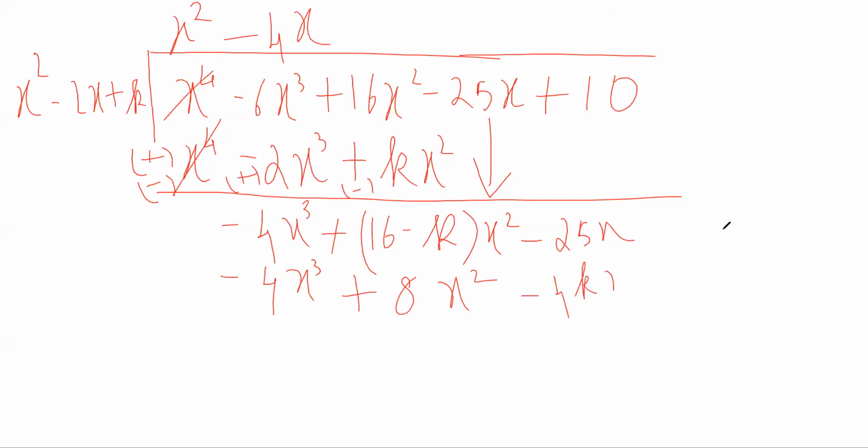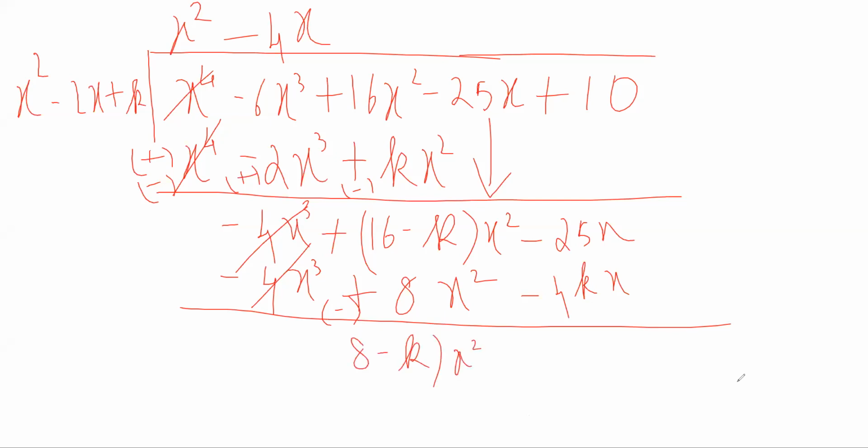Again the sign changes, so the x cube terms get cancelled. Plus 16 minus 8 is 8, so it will be 8x square minus kx square. When you group it, it becomes 8 minus k, the whole times x square.